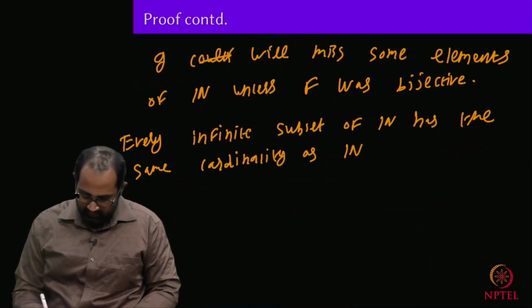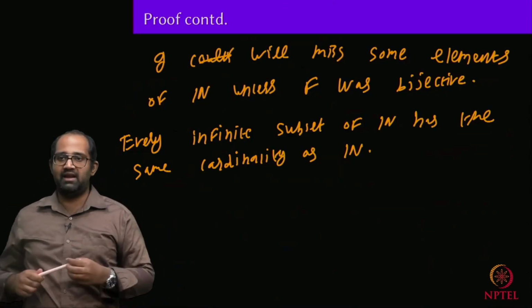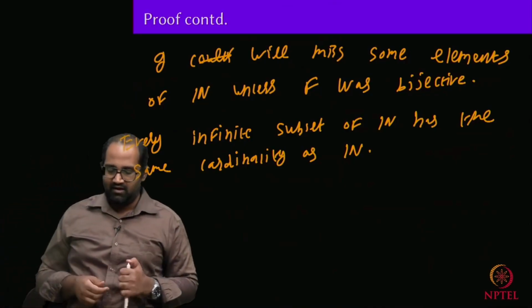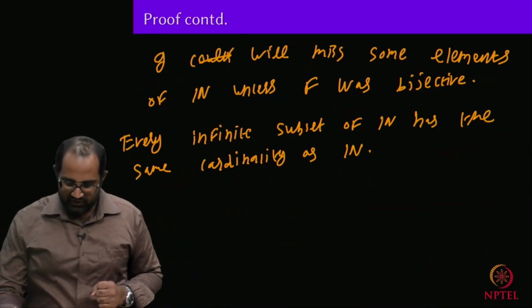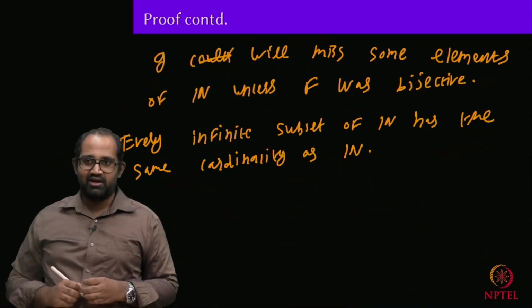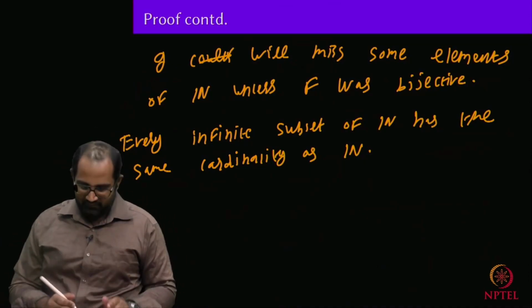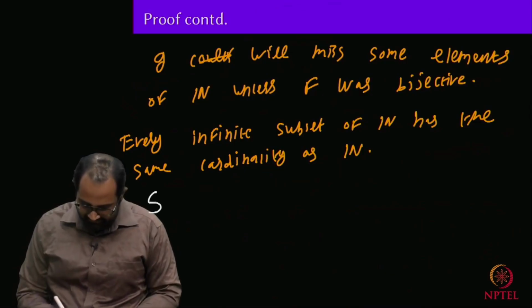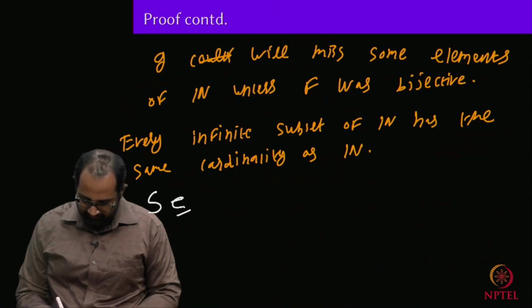Every infinite subset of N has the same cardinality as N. Well, I am a cheat. I am going to defraud you. I am going to give the same proof again for this. How? Well, let's call that set S. Let S be this infinite subset.